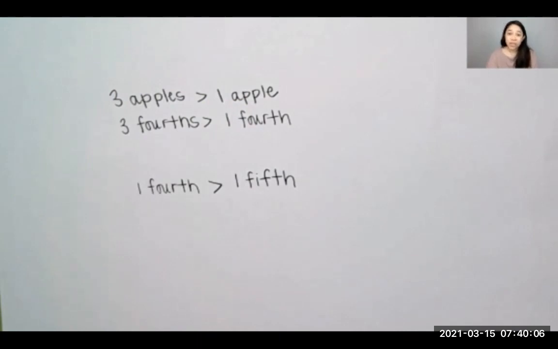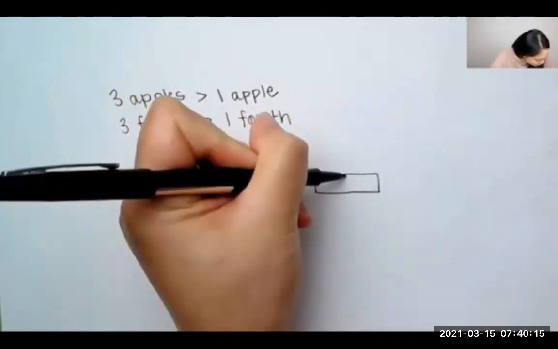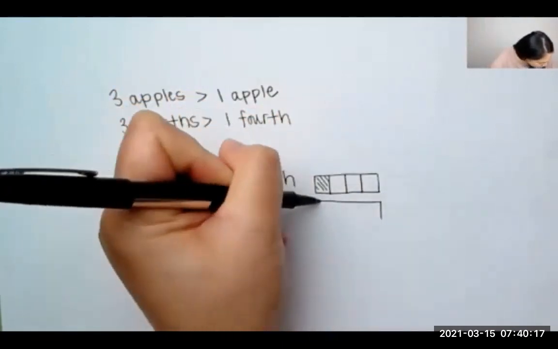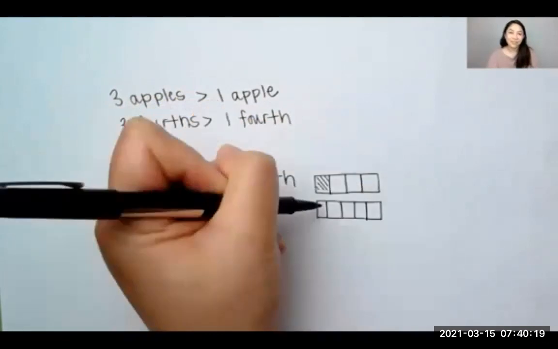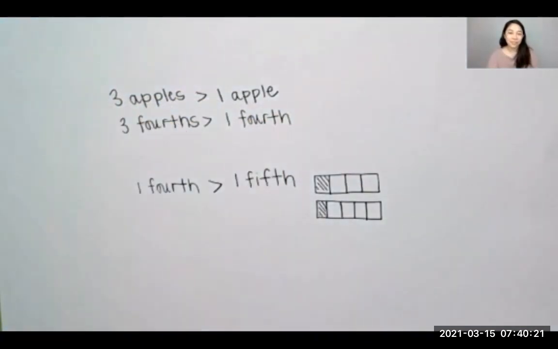We can partition a whole into fourths and the other tape diagram into fifths. Here we can see that there are more fifths than fourths, so each fourth is bigger than the fifths. 1/4 is indeed greater than 1/5.